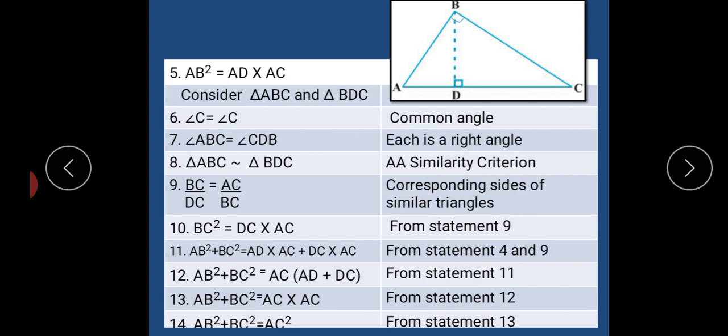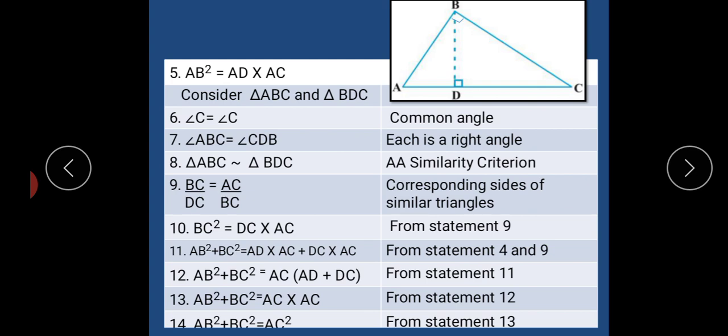Now, what is asked to prove is AB square plus BC square on the left hand side, and our statement 5 is AB square and statement 10 is BC square. So add both. When you add both, on the right hand side you will get AD into AC plus DC into AC.